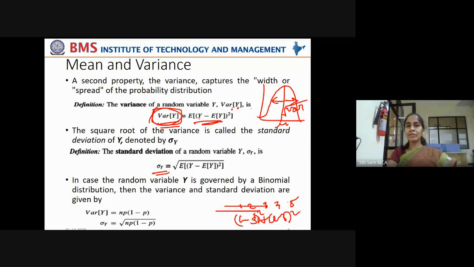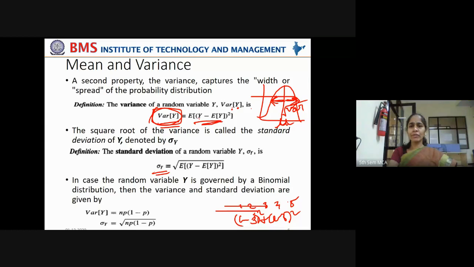When you have 60 students' data, you add up all the data and divide it by 60, you get the average of that particular parameter. In the same way, in this curve, if you take this as mu, then in this normal distribution, the difference of the data points from this mean or average is called variance. Now the square root of that variance will give you the standard deviation.